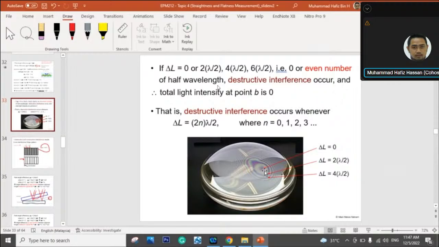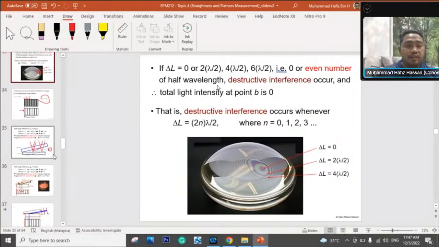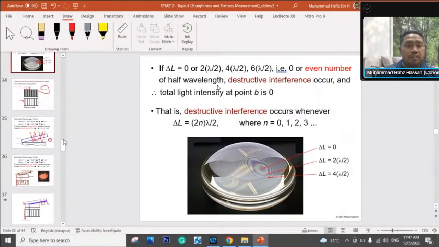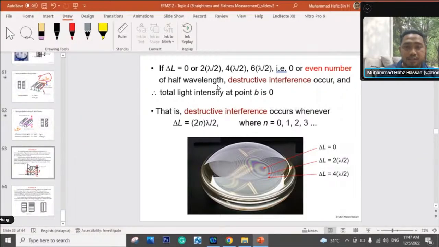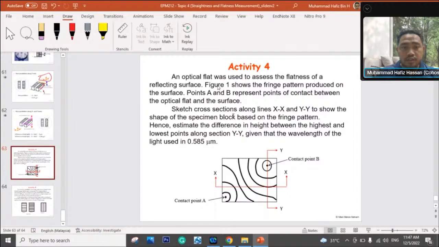So this is the way you calculate the fringes, and you will be able to identify the delta, or the difference in terms of height, according to the question asked here. So for the difference in height, you have to know along the cross section how many fringes are involved in your calculation.